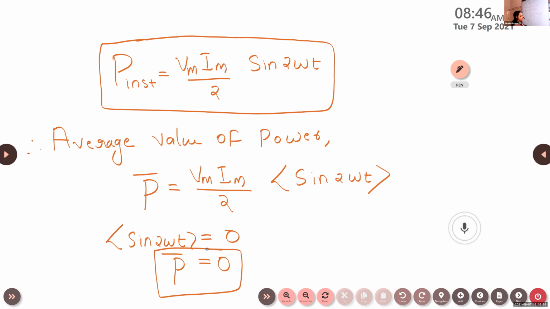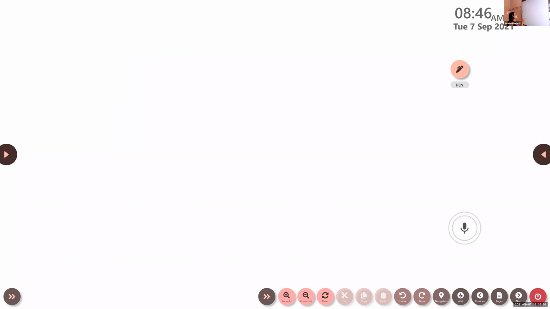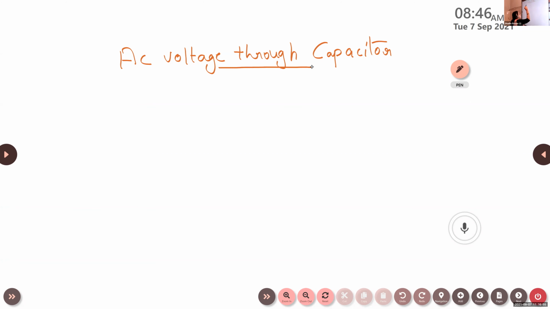Okay. So once again, I will collect all the equations regarding the AC voltage through a capacitor. First, the expression for voltage in the case of a capacitor: V is equal to Vm sin omega t.